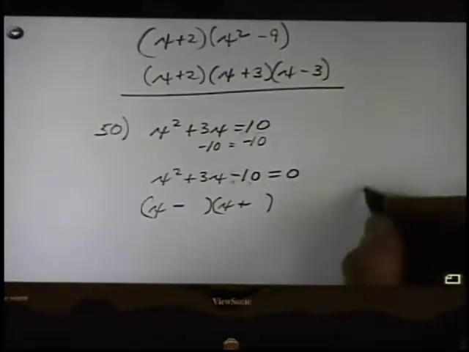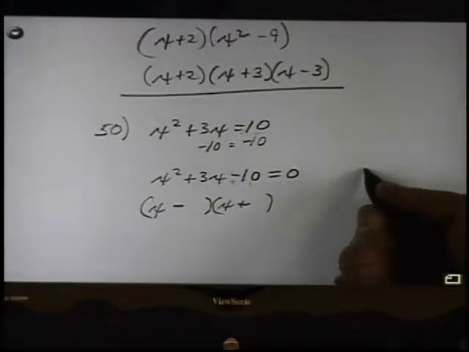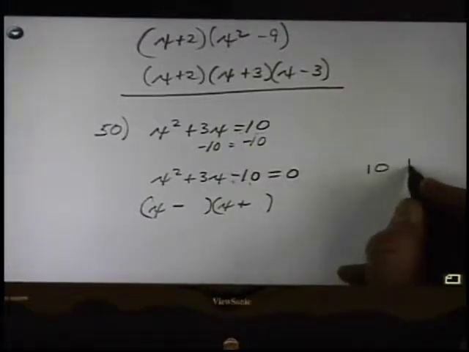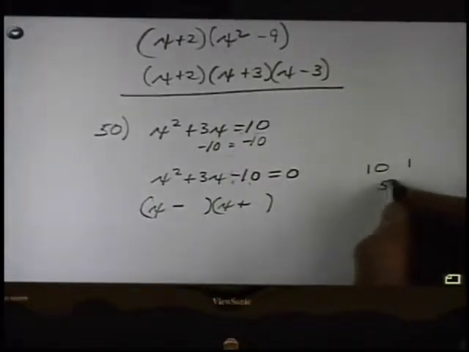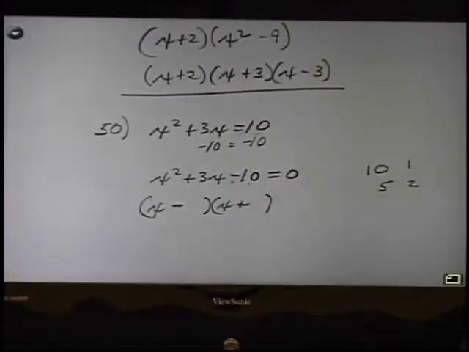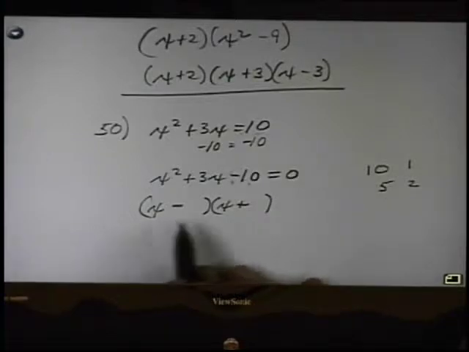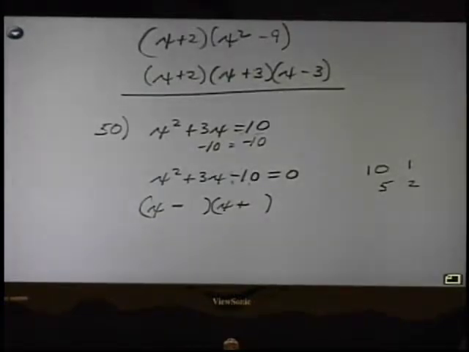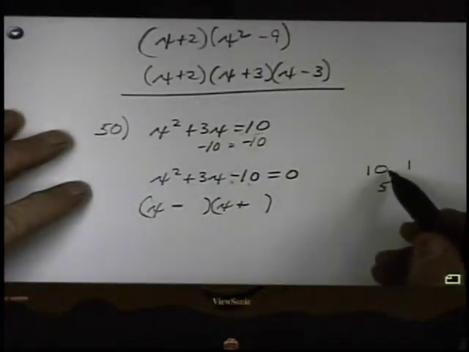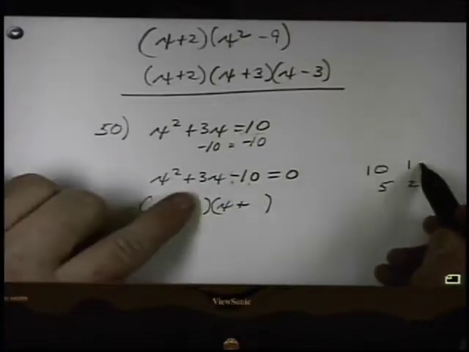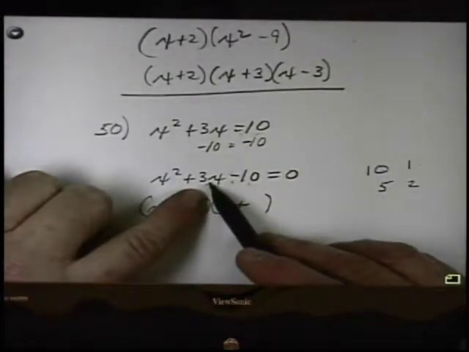Now we list the factors of 10. So 10 and 1, 5 and 2, and that's it. Well, if one's negative and one's positive, we're subtracting. So 10 minus 1 is 9. 9 doesn't give us our 3 here.